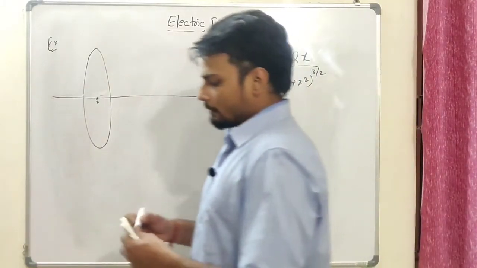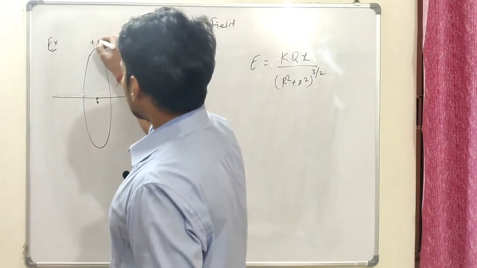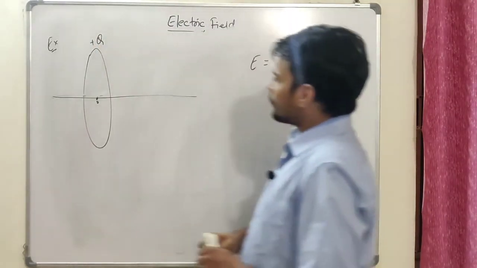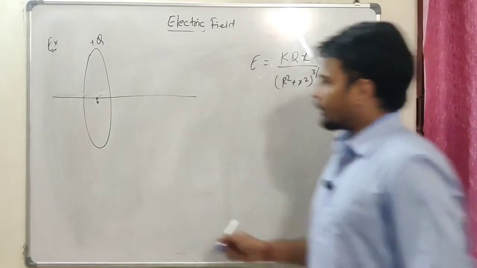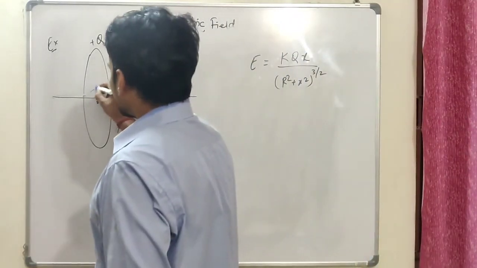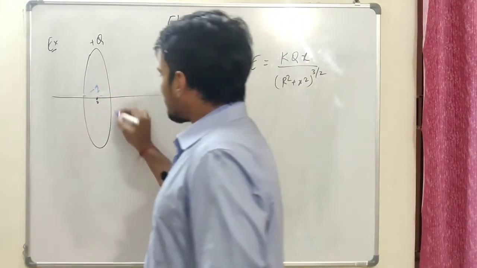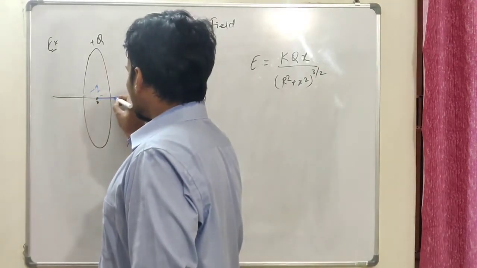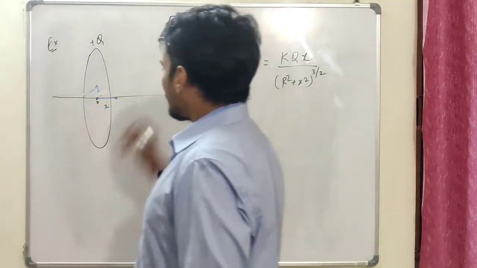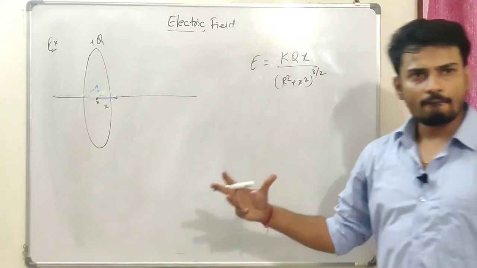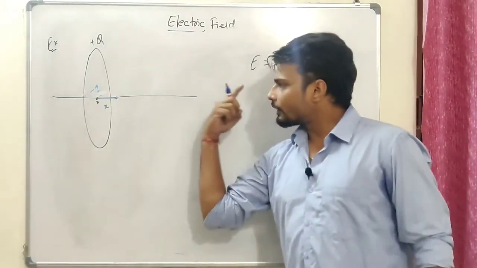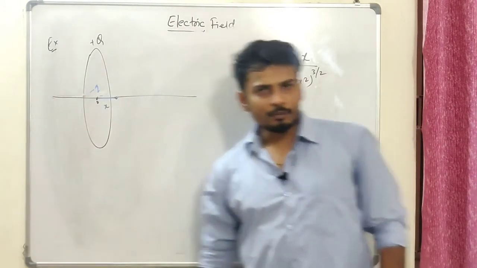Let's say this charge distribution is plus q. If I have a charge negative q at the center, displace it a small distance x, and then release it, do you think it's going to oscillate? Will it perform some SHM?